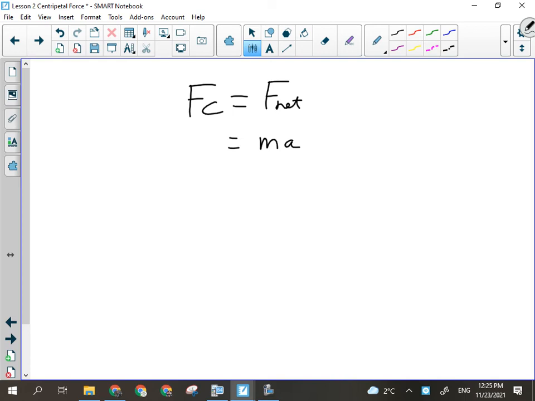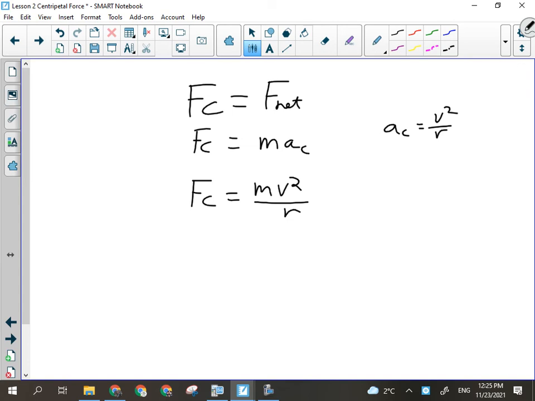In, yeah, towards the center. Centripetal means center seeking. And that means that for Fc, it's mass times the centripetal acceleration, which we also write this way. v squared over r calculates centripetal acceleration. So our formula for centripetal force was mass times speed squared divided by r. Everybody with me there?